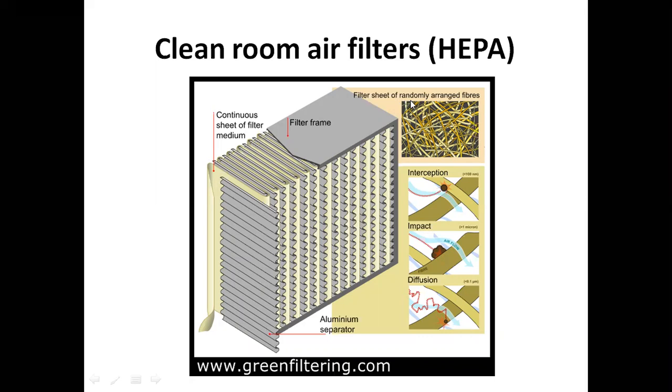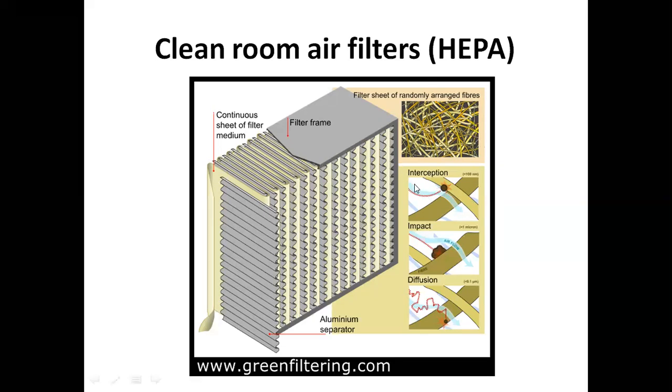The filter sheet has randomly arranged fibers. These are the fiberglass fibers, arranged randomly. And here the process is shown of how it retains or stops the particles from entering the clean room.